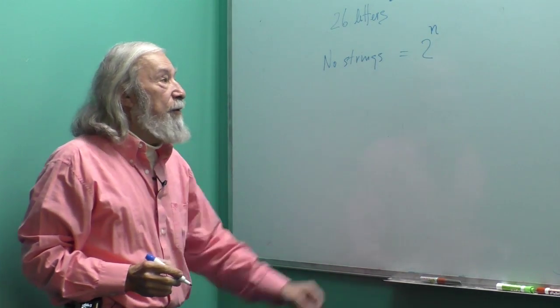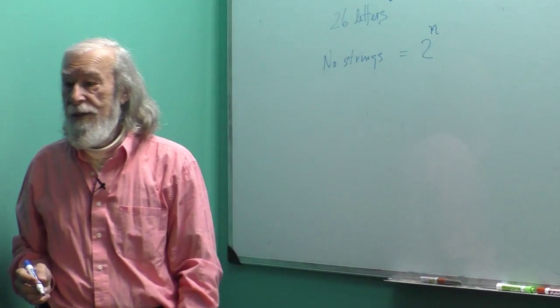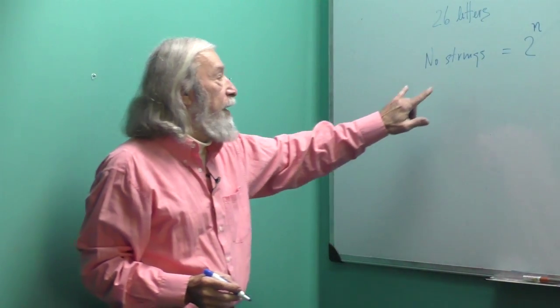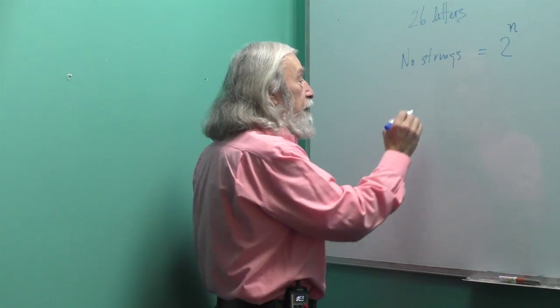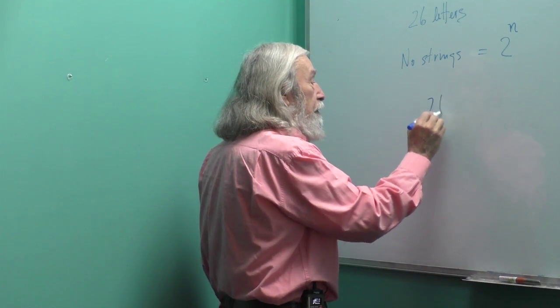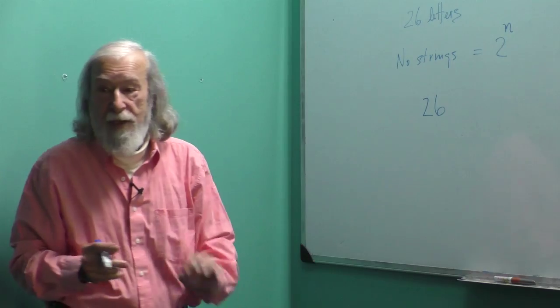Now in this case, what we want to know is the number of bits for a given number of strings. How many strings do we have? 26 strings. Each letter of the alphabet is a string.